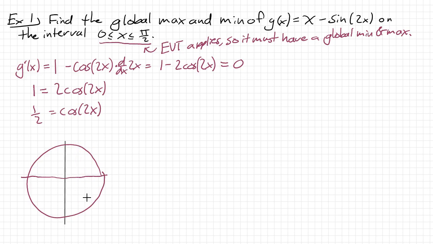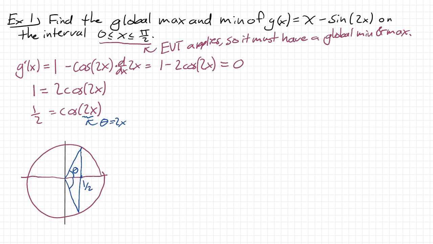I like to think of whatever you plug into cosine, the 2x, as an angle. So I'm going to say theta is 2x. So we're trying to find what theta makes the x-coordinate 1/2. This would be one angle theta, this would be another one down here.